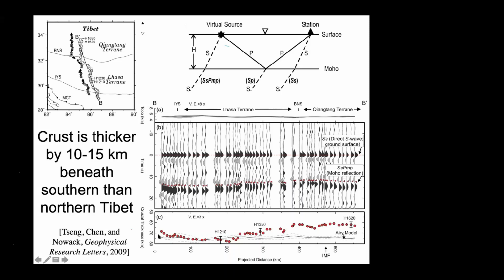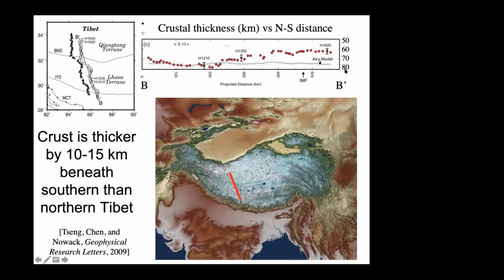If you convert that into crustal thickness, you have this plot, which I'll show in the next slide because it's easier to see. Crustal thickness, here's a scale going down 50, 60, 70, 80 kilometers. In southern Tibet, the crust is 75 kilometers thick. In central and northern Tibet, it's only about 65 kilometers thick, 15 kilometers less.